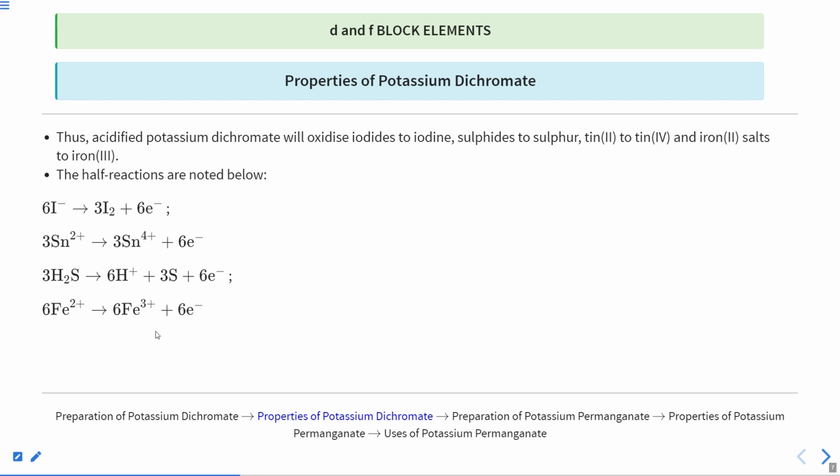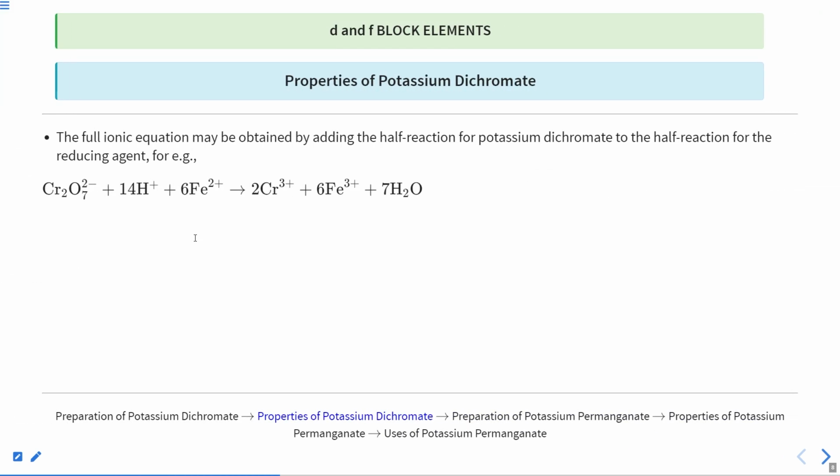The point I am making here is that potassium dichromate is used as an oxidizing agent. It can be used to oxidize iodides to iodine, sulfides to sulfur, tin in the +2 oxidation state to tin in the +4 oxidation state, and similarly iron 2+ to iron 3+. Clear? Okay.